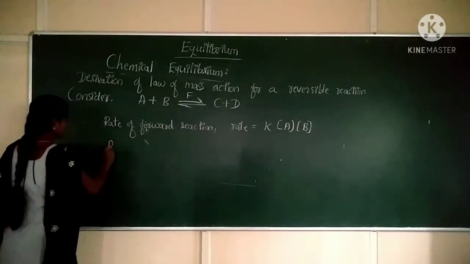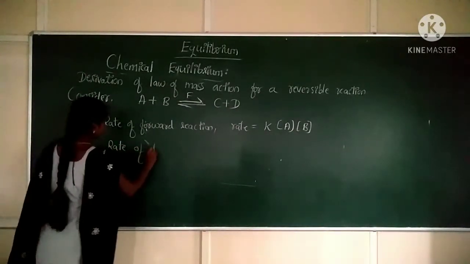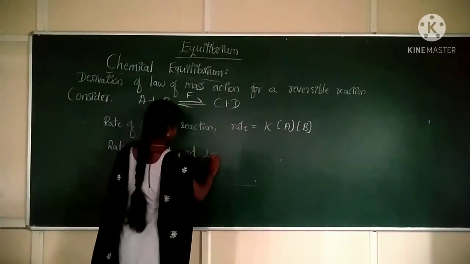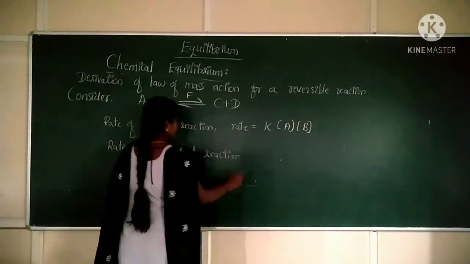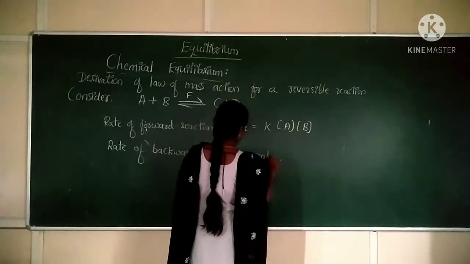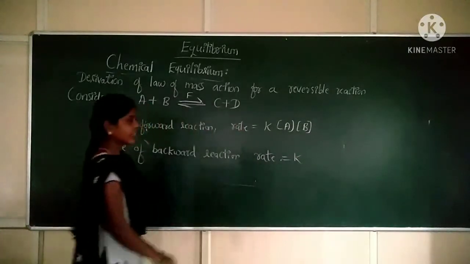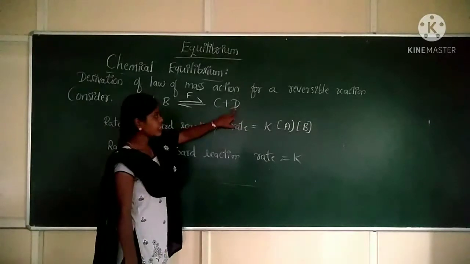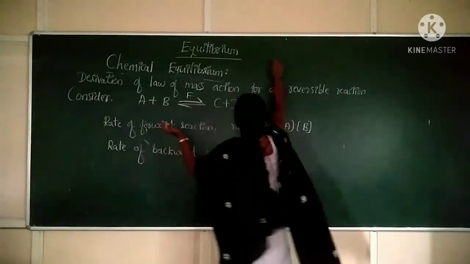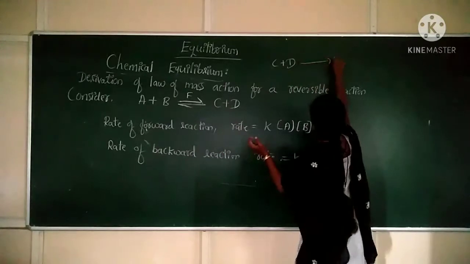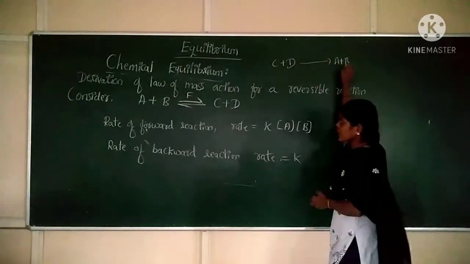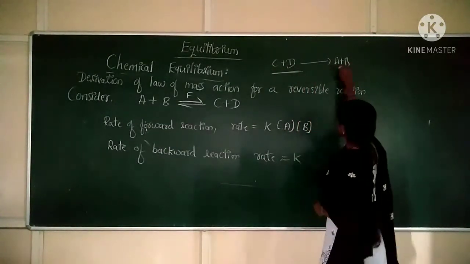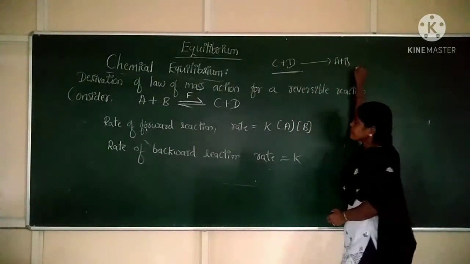Next, the rate of the backward reaction. Again, rate equals K into, for the backward reaction, C and D react to form A and B. For this reaction, C and D will be the reactants and A and B will be the products.